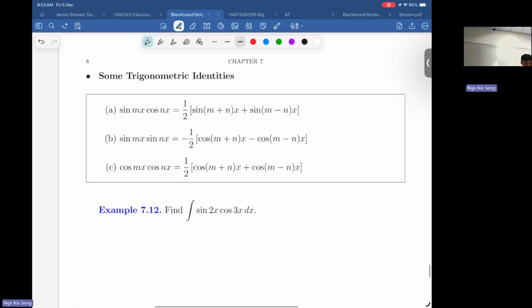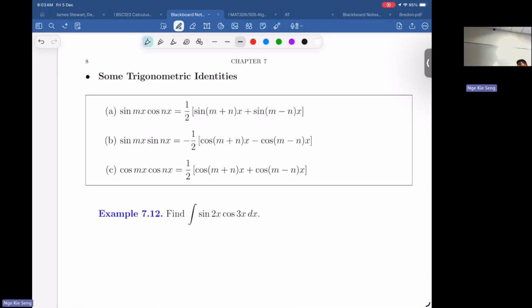Right. Okay. So let's continue with trigonometric substitution here. Next, we'll integrate this kind of integrand, which is a product of cos and sine in different periods.